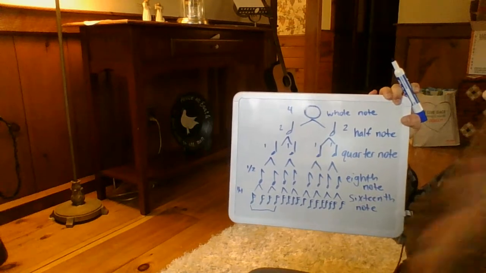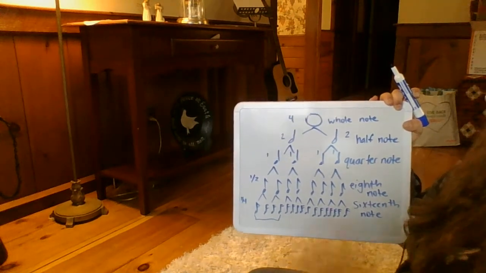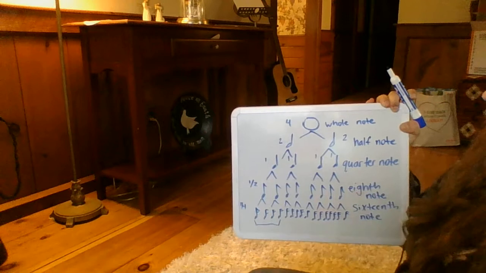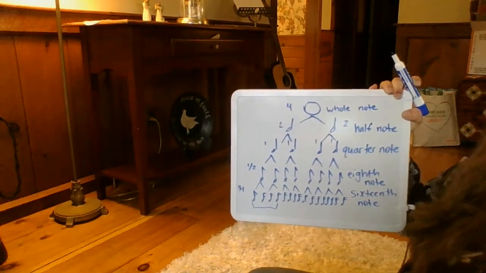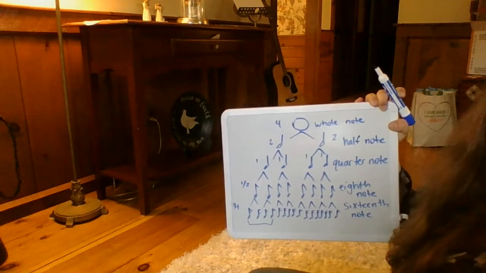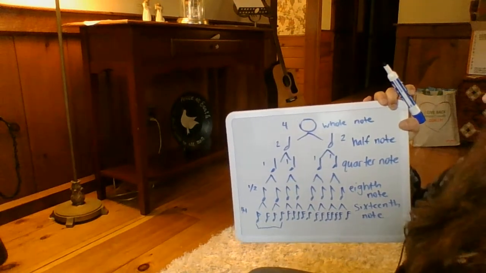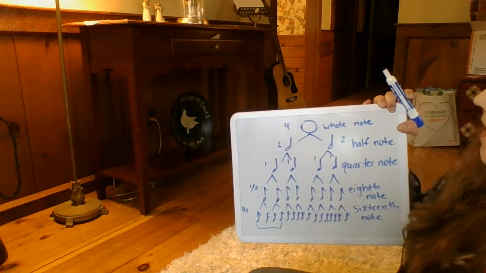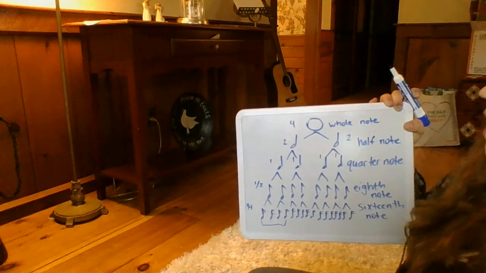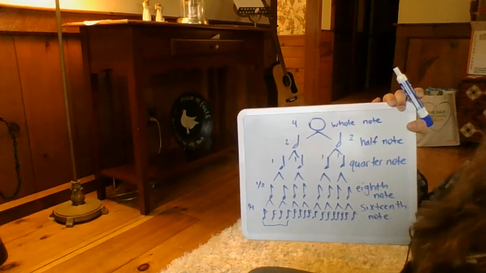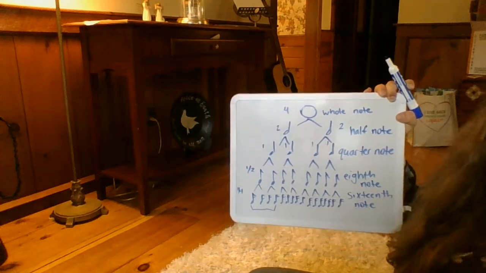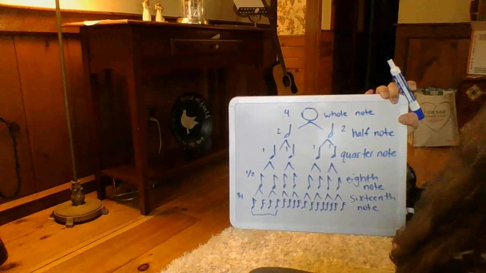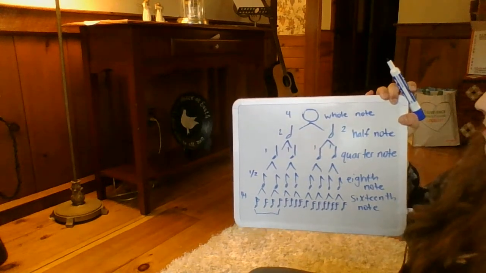Now I'm going to say a quarter note. How about I speak 4 quarter notes in a row on the syllable ba. 1, 2, ready, go. Ba, ba, ba, ba. There was a sound on each beat because there were 4 quarter notes in that measure.